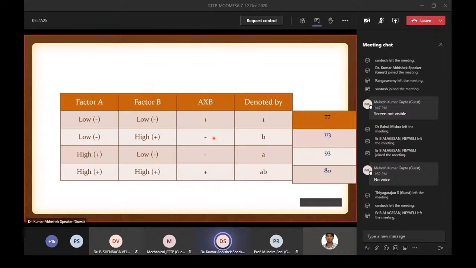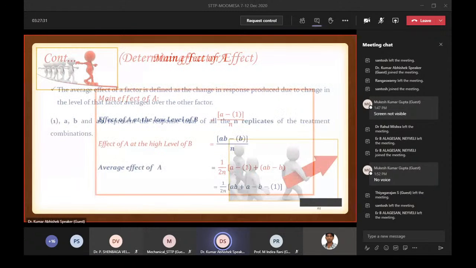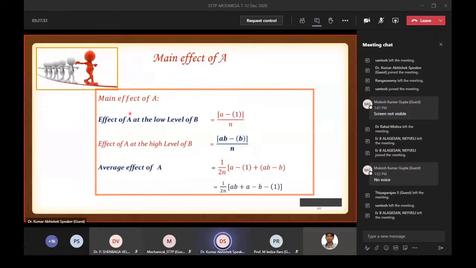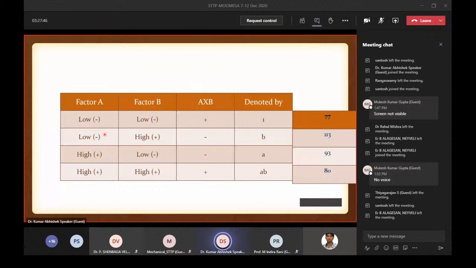So first we have to determine the effect of the factor. In order to find out the effect of factor A, you should find out where factor A is at the high level.